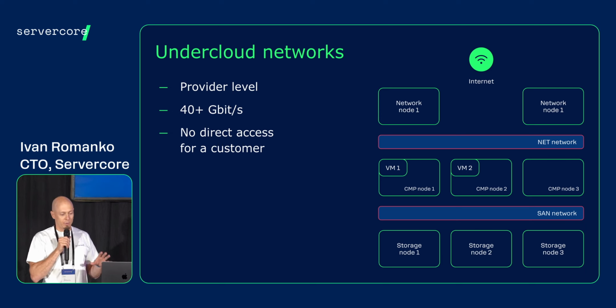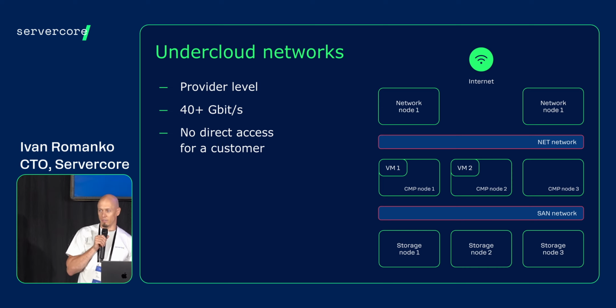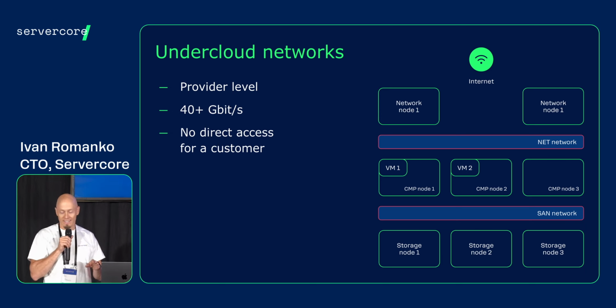So everything we have mentioned previously in the context of networking was so-called under-cloud networks. Under-cloud means that there is no way for a user to get an address from any of those networks. On this slide, there are two networks, like net network, perfect naming, and SAN network.